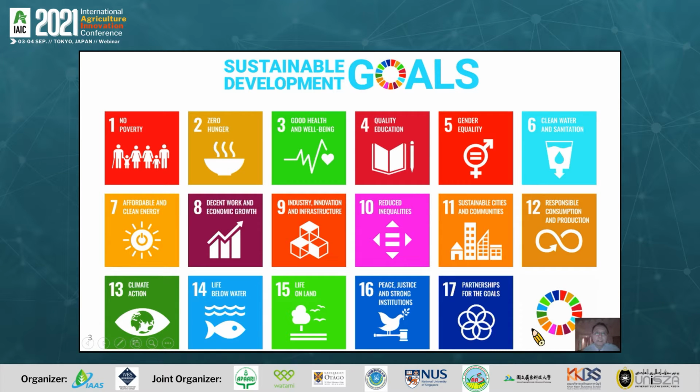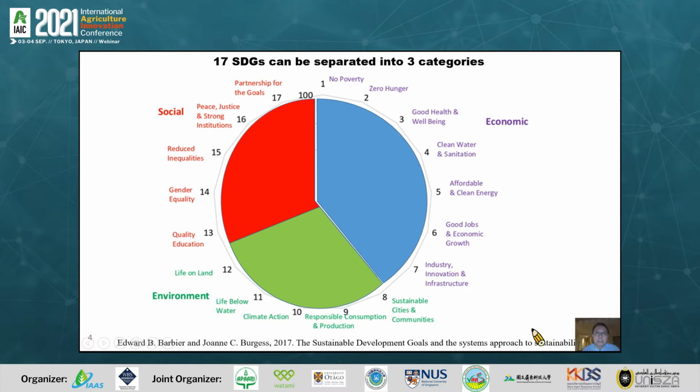SDG stands for Sustainable Development Goals. More than two decades ago, the United Nations announced these 17 goals, and they can be separated into three categories. The first one, economics, has 7 goals related to economic issues.